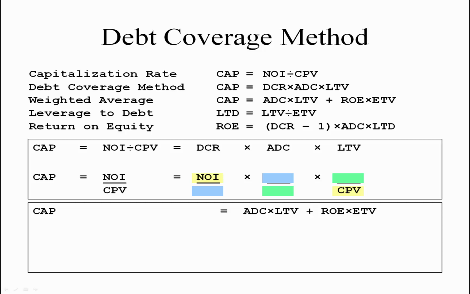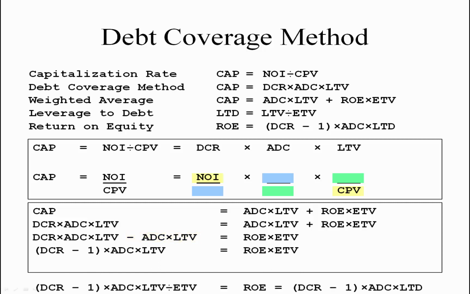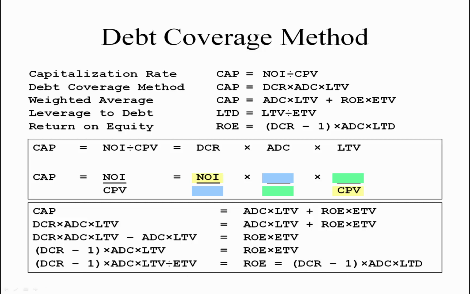Now we know that the cap rate is equal to the weighted average. We also know that the cap rate is equal to the debt coverage method, so we substitute. Subtract the common term, ADC times LTV. Factor it. Divide both sides by ETV.